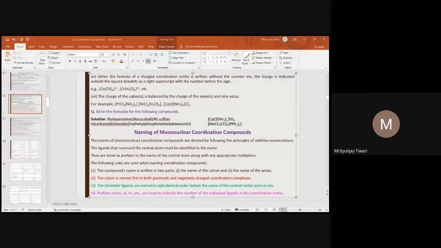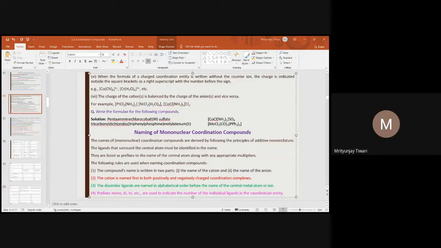In writing the chemical formula, if someone has written K3[Co(CN)6], it means there is a cation which is potassium, and then this is an anionic coordination entity. So in that case, the name of the potassium, which is the cation, will be written first. So first we will write potassium and then the name of this anionic coordination entity, following the recommendation of IUPAC, as you can see here in this case.